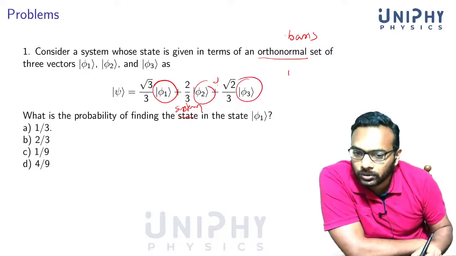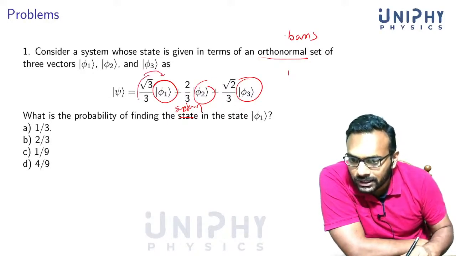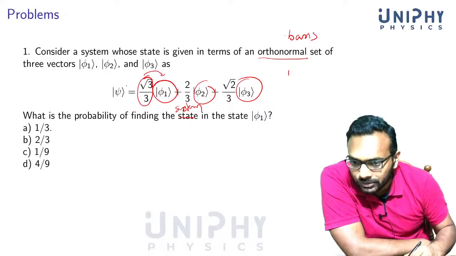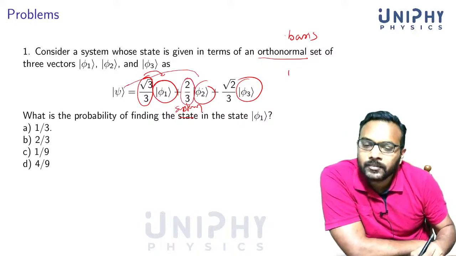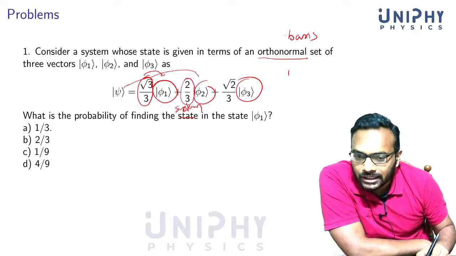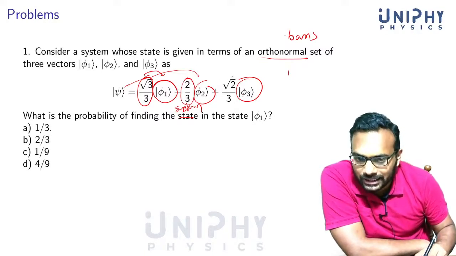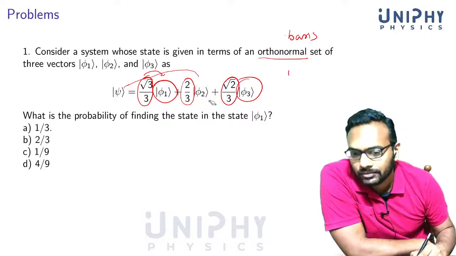And what are the probabilities for this? The probability of finding the system in the state phi 1 can be calculated from this expansion coefficient. The probability that after the measurement psi reduces to phi 2 can be calculated from this expansion coefficient, and the probability that the state reduces to phi 3 can be calculated from this expansion coefficient. Okay, that's the basic idea.